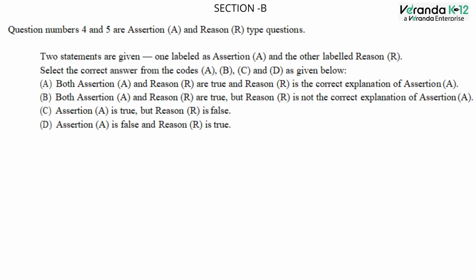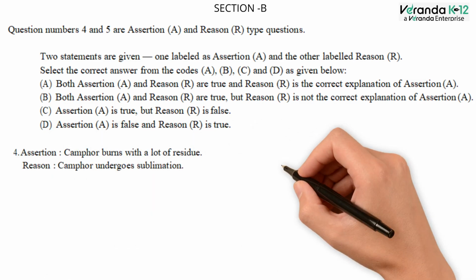A. Both assertion and reason are true, and reason is the correct explanation of assertion. B. Both assertion and reason are true, but reason is not the correct explanation of assertion. C. Assertion A is true, but reason is false. D. Assertion A is false and reason is true.